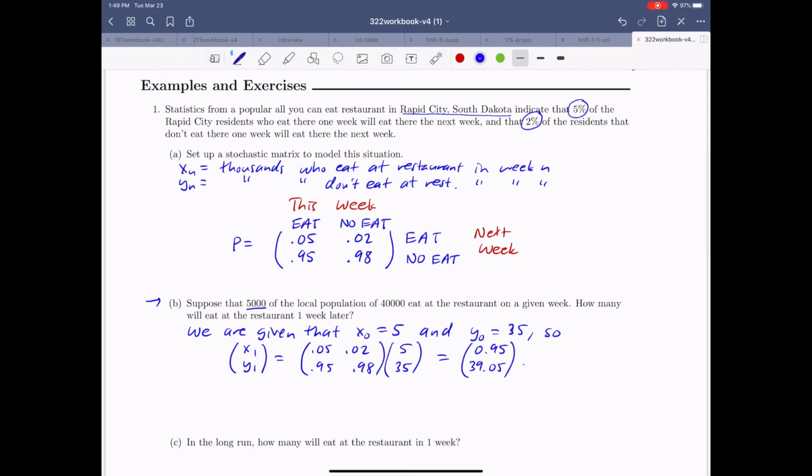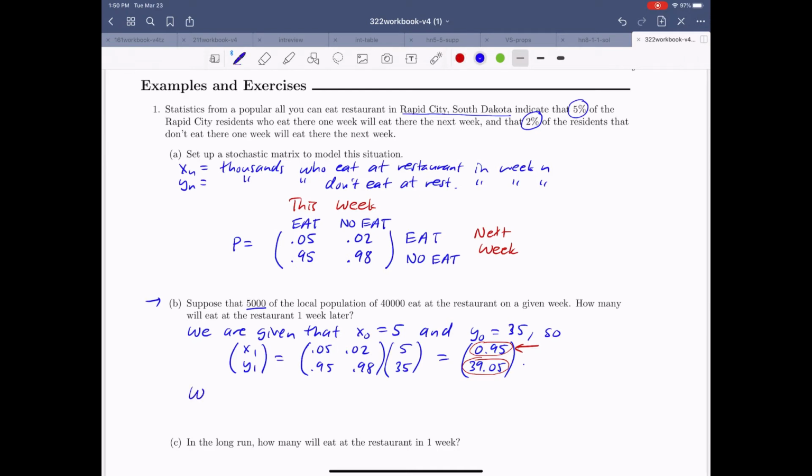Now what is that telling us? Those numbers that we just found. Well, remember that the number up above is about the number of people who do eat at the restaurant. The number down here is the people who don't eat there. So we're actually interested in those who do eat, that 0.95. And remember that that's in thousands of people. So we're talking about 0.95 thousand people, or 950 people.